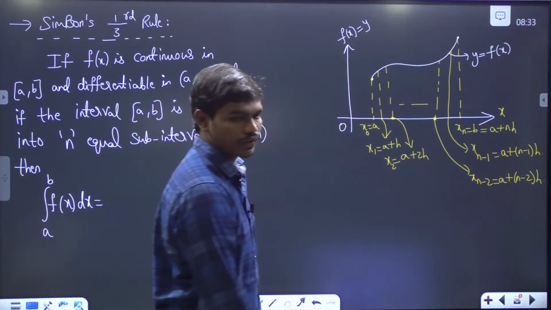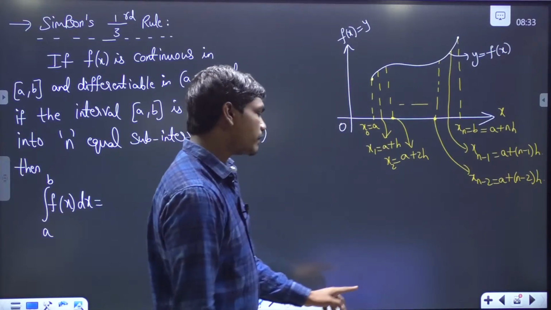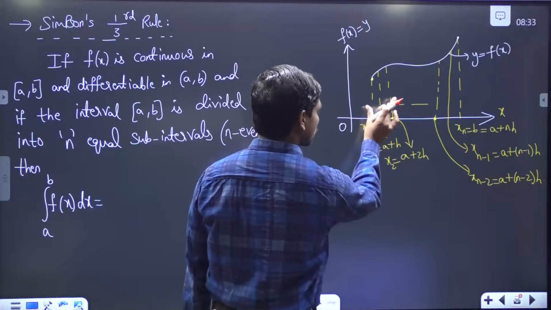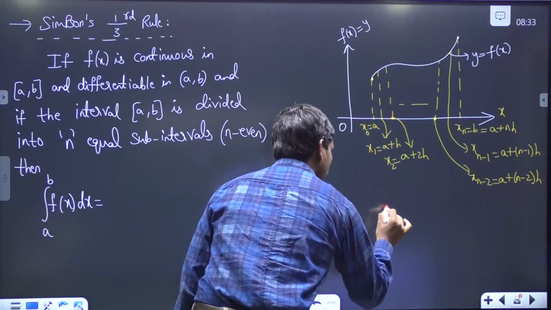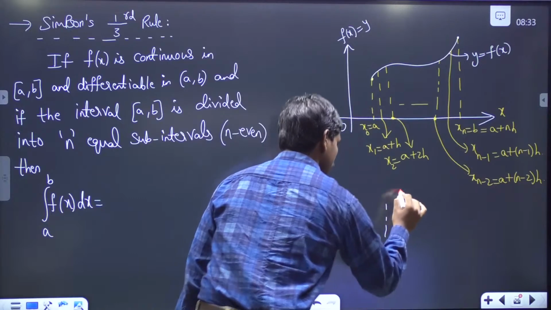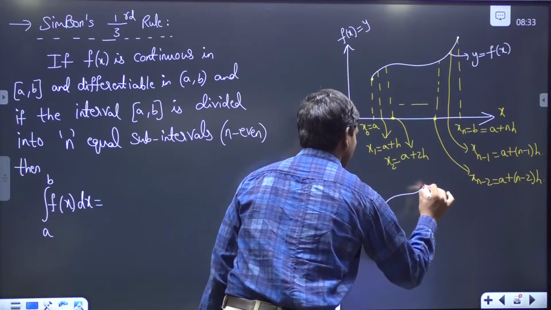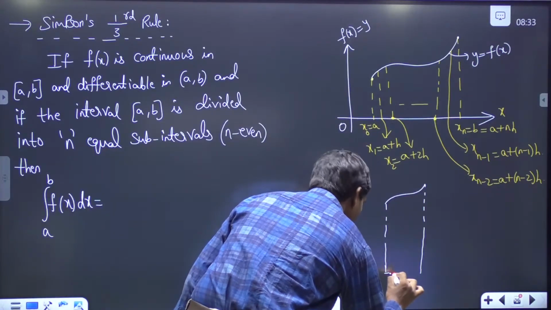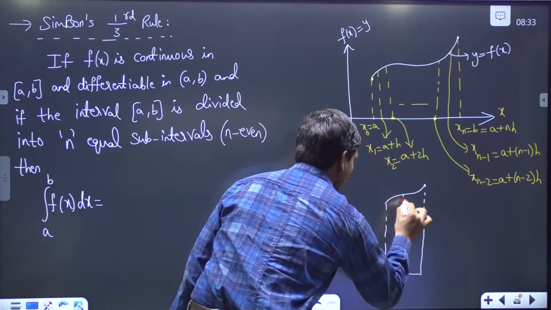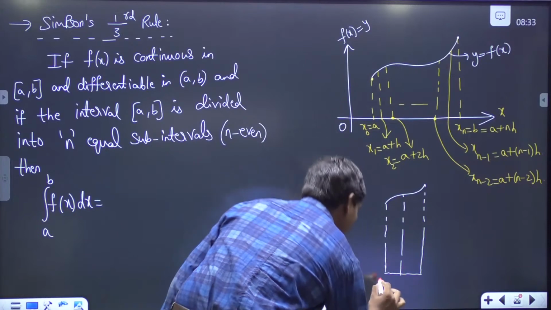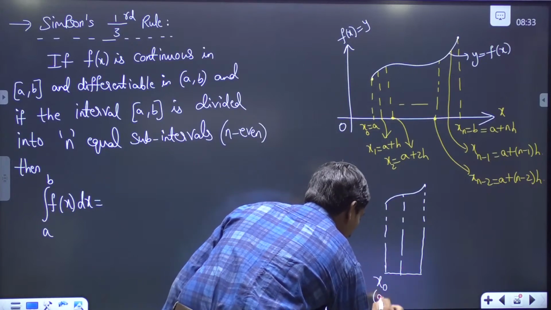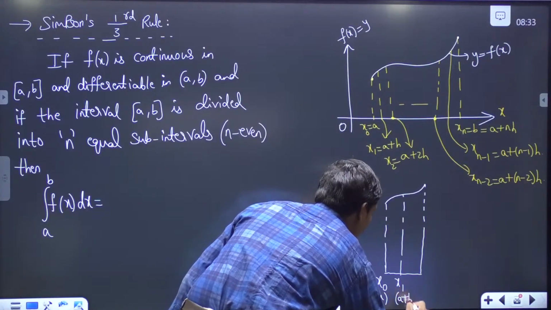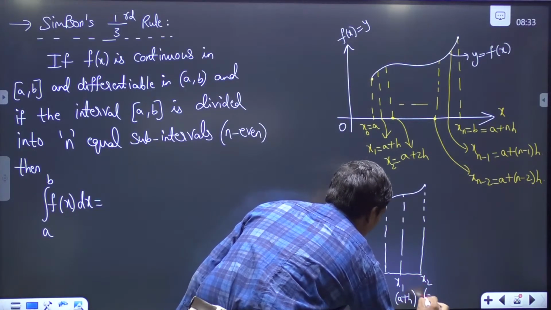Now, the main thing in Simpson's one-third rule is, let us take these two intervals here on some random curve. This is x naught, which is a. This is x1, a plus h. This is x2, a plus 2h.